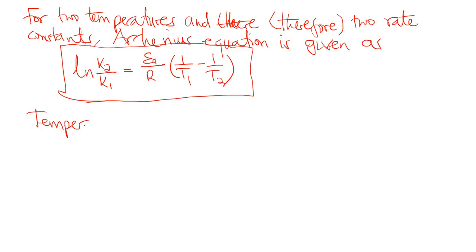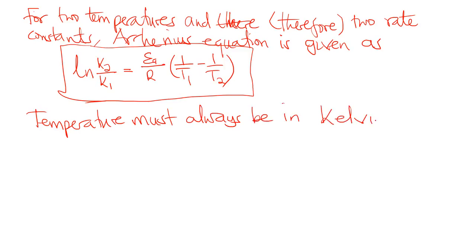Temperature must always be in Kelvin. So if you have degrees Celsius, you need to change the degrees Celsius to Kelvin. If you use degrees Celsius, definitely you are going to have a wrong answer for this type of problem.